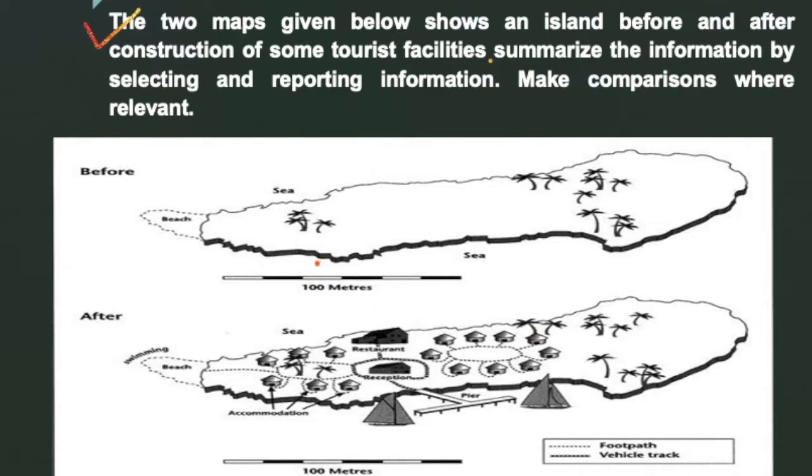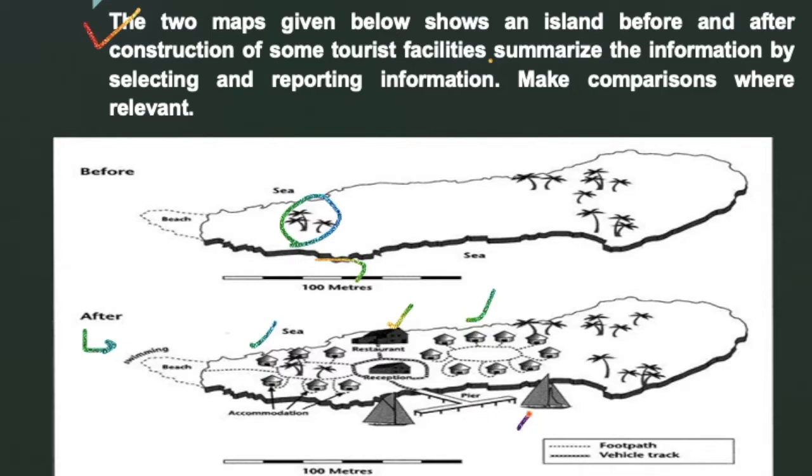Because if you see the first one, before the tourist facilities started, this place had no habitation. So it was just an isolated place with trees and forest cover. After the tourist facilities were introduced in that area, a lot of people started living there. Then some commercial facilities like a restaurant, reception area, and a pier were also set up.